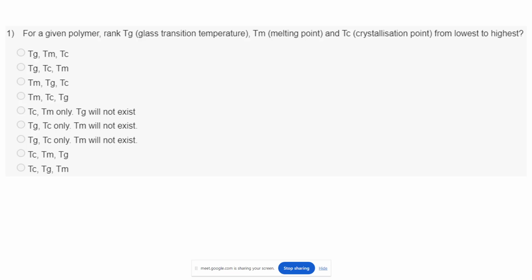For a given polymer, rank Tg glass transition temperature, Tm melting temperature, and Tc crystallization point from lowest to highest. And these are the options. I'll give you some time to go through the question and let me know what you think the answer is, and then we'll discuss.